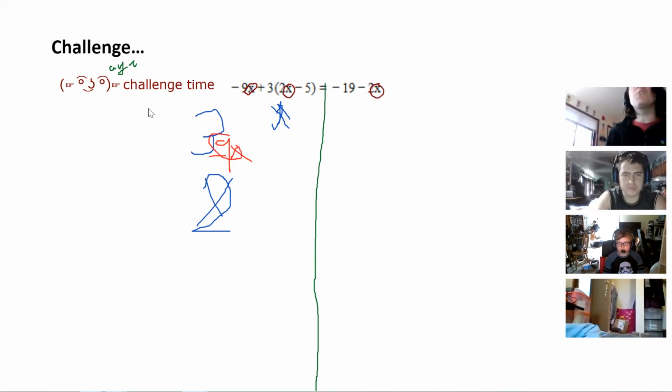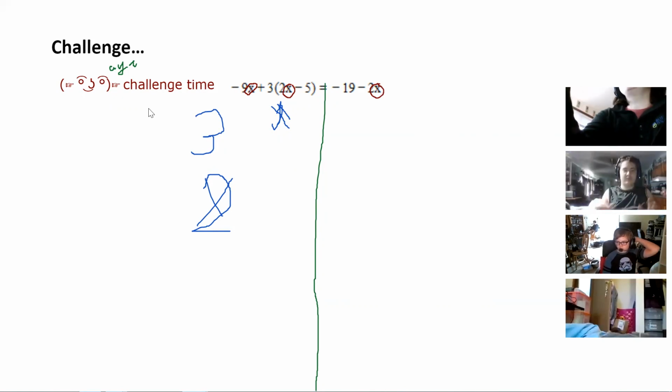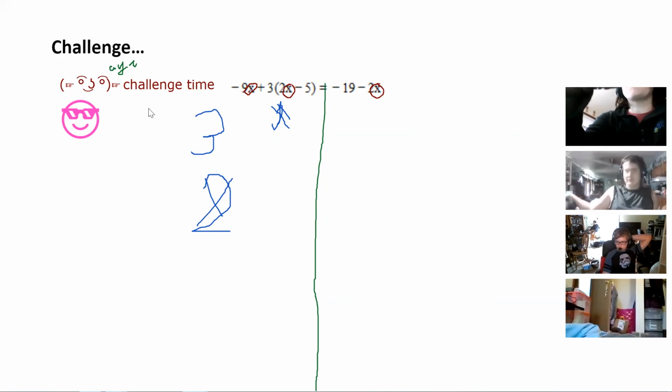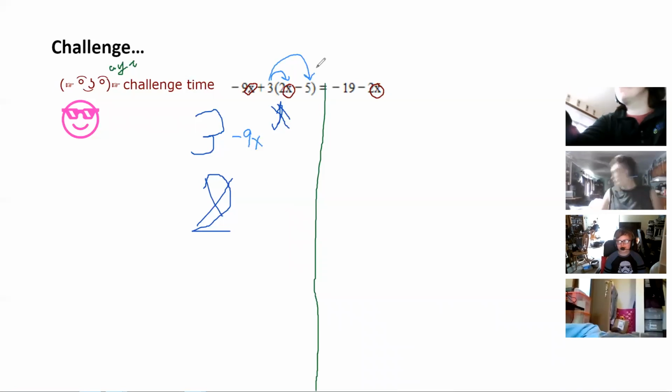Yeah, someone wrote the 3. Very good. Yes. And it's good to circle your variables and be aware of that. That's very good. So we'll bring down the negative 9x, and we're going to distribute the 3. Whatever is right in front of the parentheses is what gets distributed.